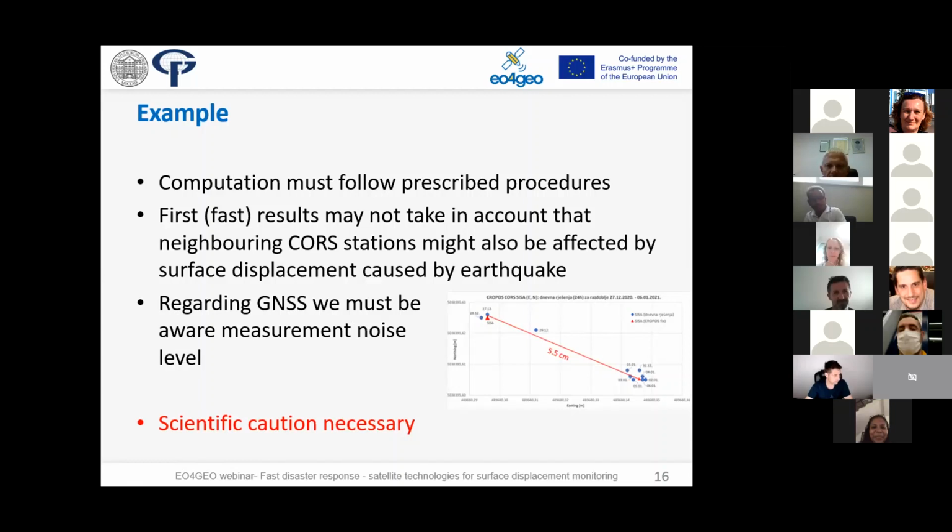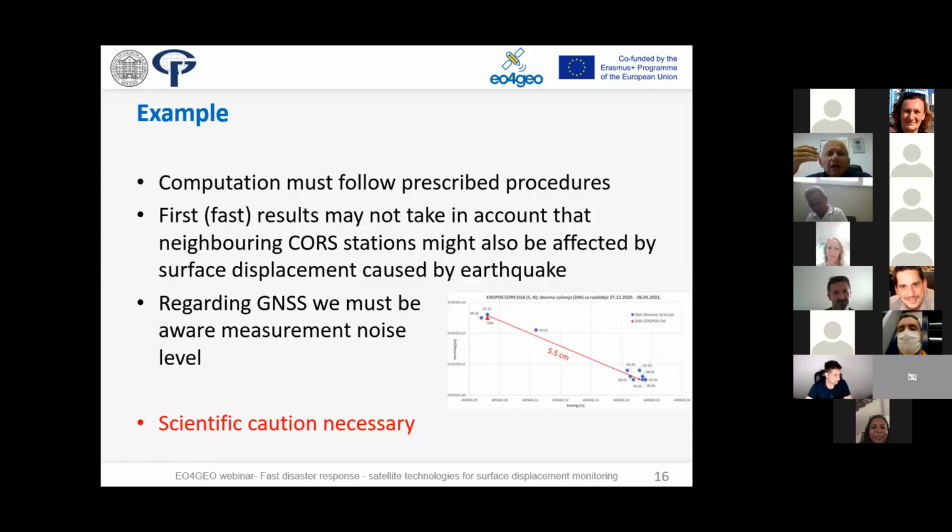So we, in the rush, we may, so to say, neglect the fact that we are not using precise orbits and things like this, but we have to follow prescribed procedures in computations to be sure that in this aspect we made correct computations.